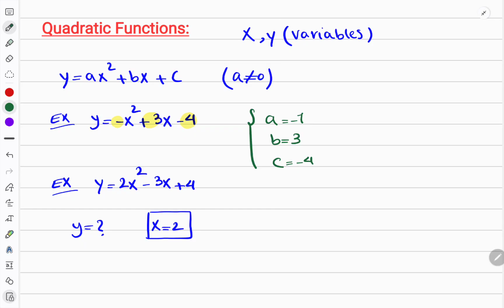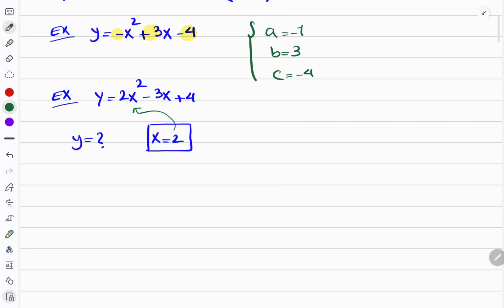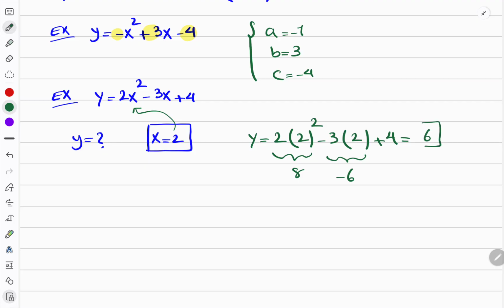So I'm going to substitute this value into the quadratic function. y equals 2 times 2 squared minus 3 times 2 plus 4. So this is 8 and this is negative 6. So 8 minus 6 is 2, 2 plus 4 is 6. So if x is 2, y is 6.